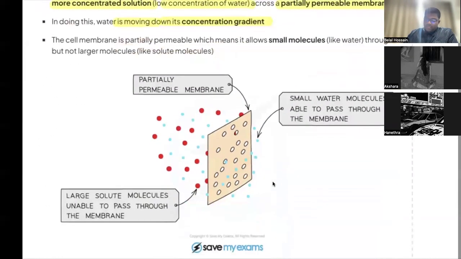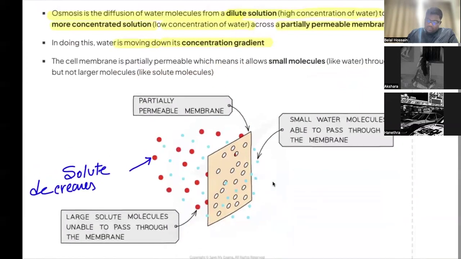How is so? As you can see, on this side, there is a lot of solute. The presence of solute decreases the water potential.